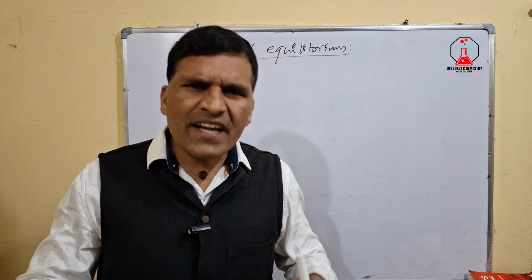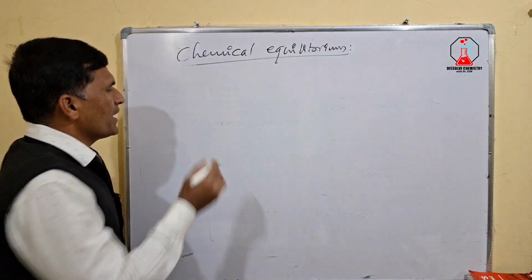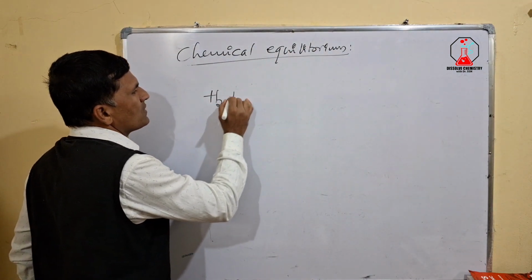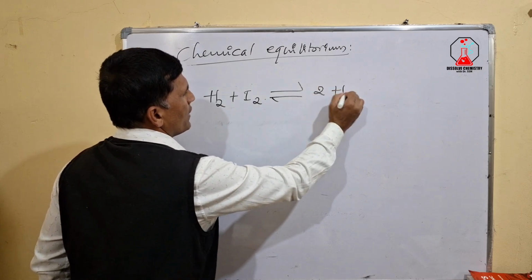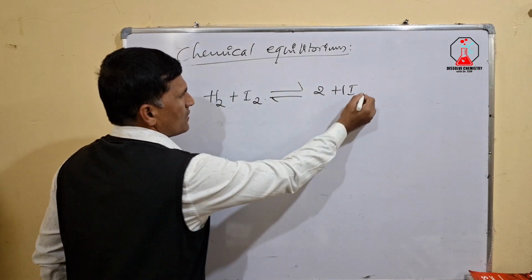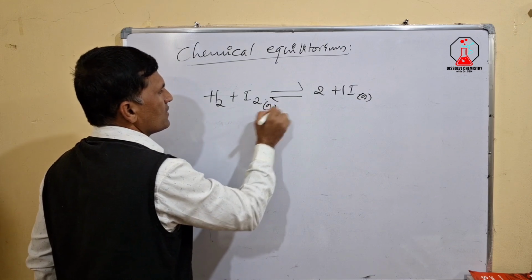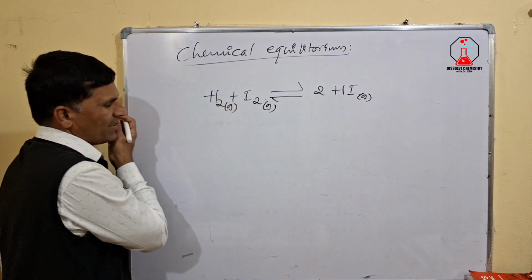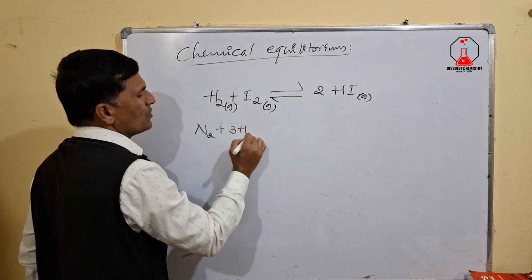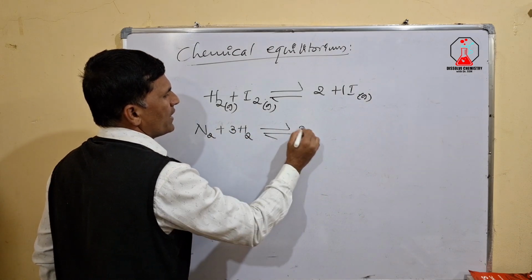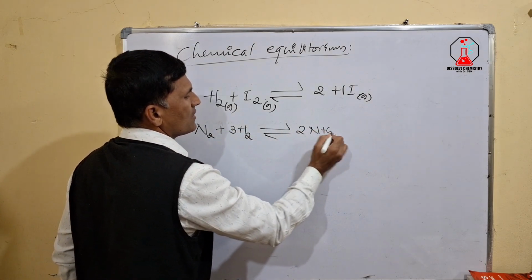Now, suppose I start the reaction with the product instead of the reactant. Say for example, you take H2 plus I2, which reversibly combine to give hydrogen iodide. Okay, so this is the reaction. Or you can take, say for example, N2 plus 3H2 reversibly combining to give 2 moles of NH3.